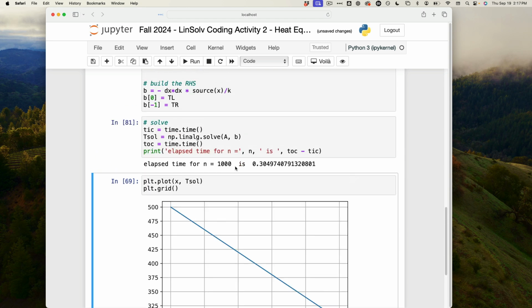Well, it changed. It's now 0.3 seconds, because we're still at small scale, 0.1, 0.2. These are very small differences.